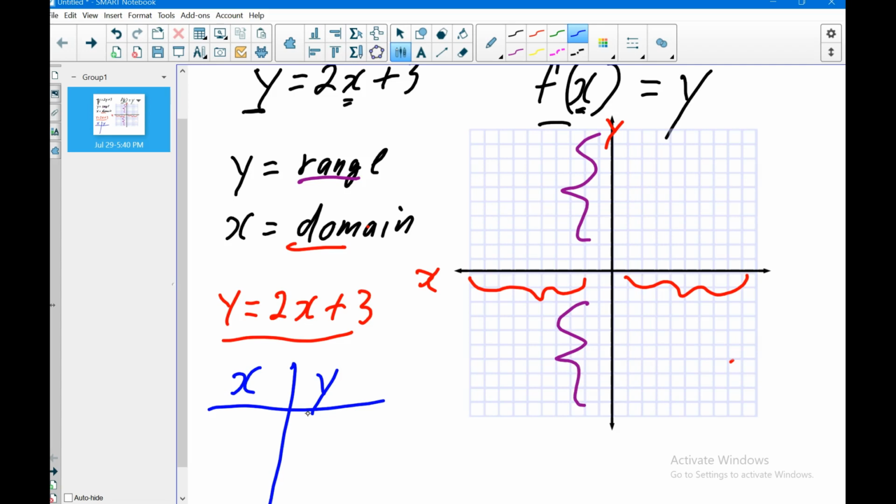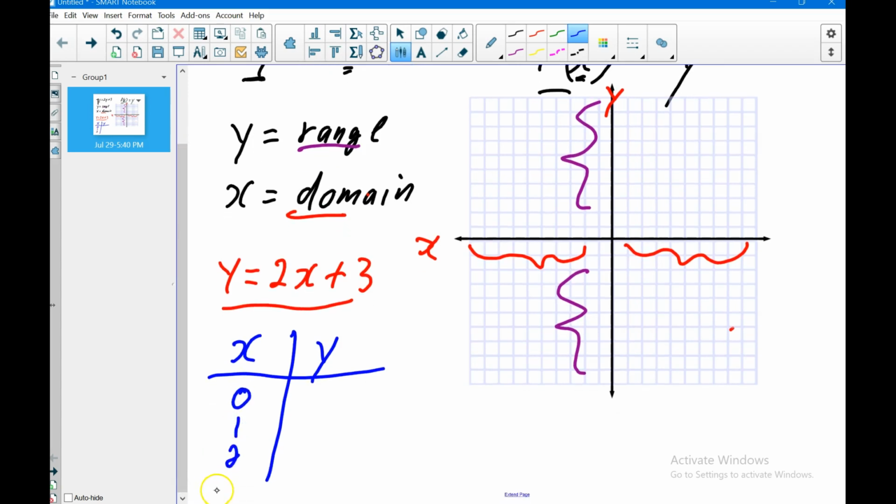What I'm going to show you is that whatever x value I use, let's say x is 0, 1, 2, 3, my y value, according to this equation, is going to be the corresponding value. So if I put a 0 in here, 2 times 0 is 0, plus 3, which means over here I'll have a 3.